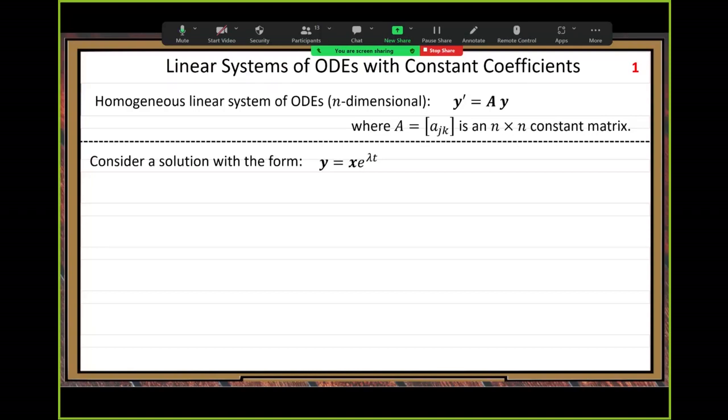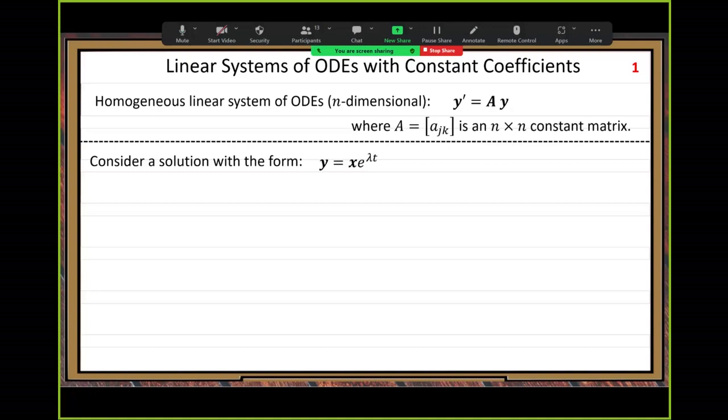We can recall our first class, where we considered the decay model. It is not a vector form, it is a scalar form. Then we considered a solution that takes this form, some constant times this exponential function.